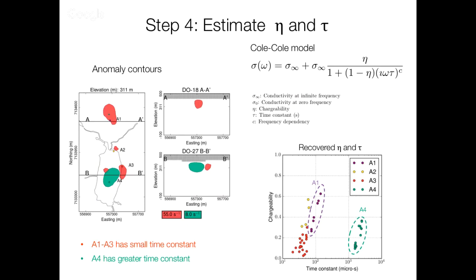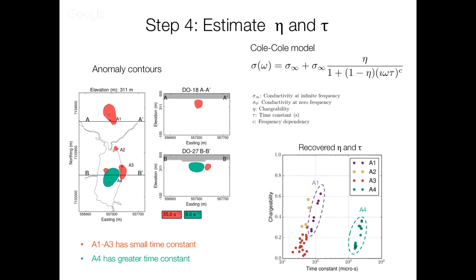Taking cells in the region of A1 up here and finding Cole-Cole parameters for that, they tend to cluster down in here. Early time constants of, what's that, 10 microseconds. So between 10 and sort of 50 microseconds, something in here.